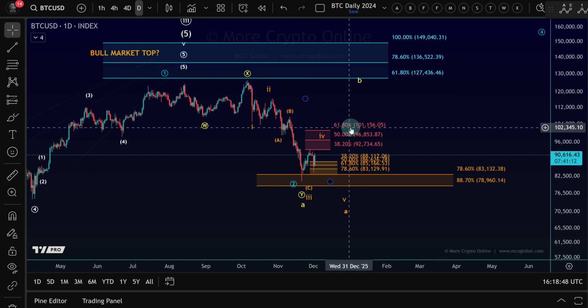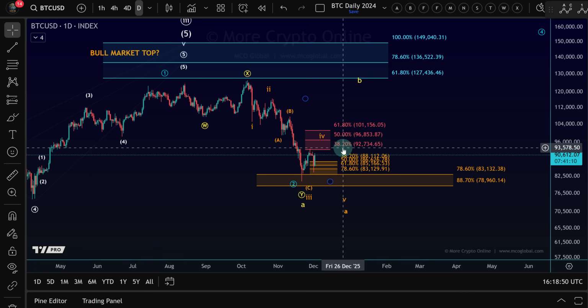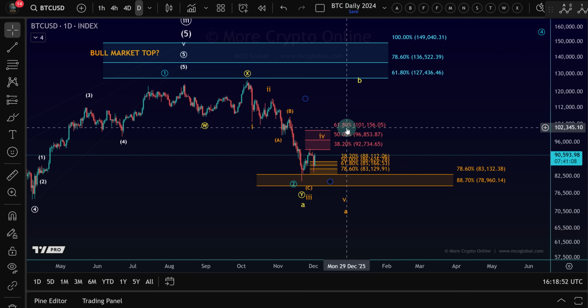The first resistance area is between $92,734 and $101,156. Now, if you watched yesterday's update, and also if you follow my updates on the More Crypto Online channel, where I cover cryptos every single day in high frequency, or if you are on X and follow us on X, then you know that a larger wave 4 was slightly preferred.